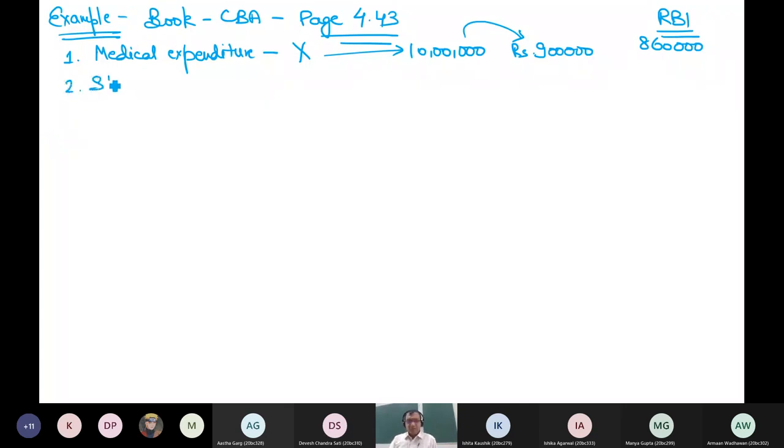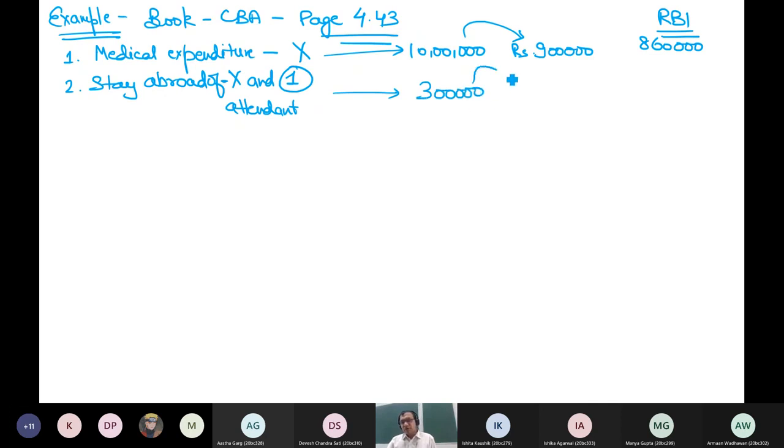Then stay abroad expense. Stay abroad expense of X and one attendant who accompanied that employee X. Total expenditure incurred 3 lakh. Employer reimbursed 2 lakh 80. Since foreign exchange was involved here, RBI permitted 2 lakh 50.